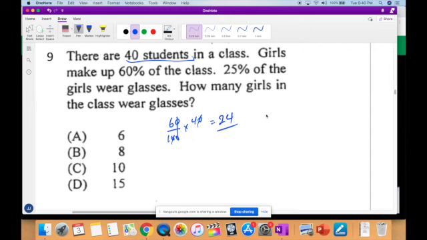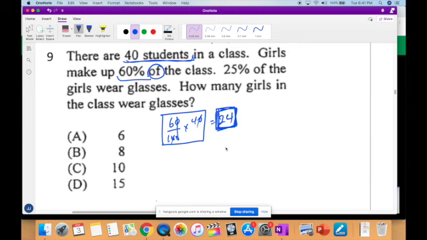Yeah, so the total number of girls is 24, and I want to find 25% of the 24. So you see that, Caitlin? I have 40 students in the class, and girls make up 60% of it. So you got 24, which is the total amount of girls.